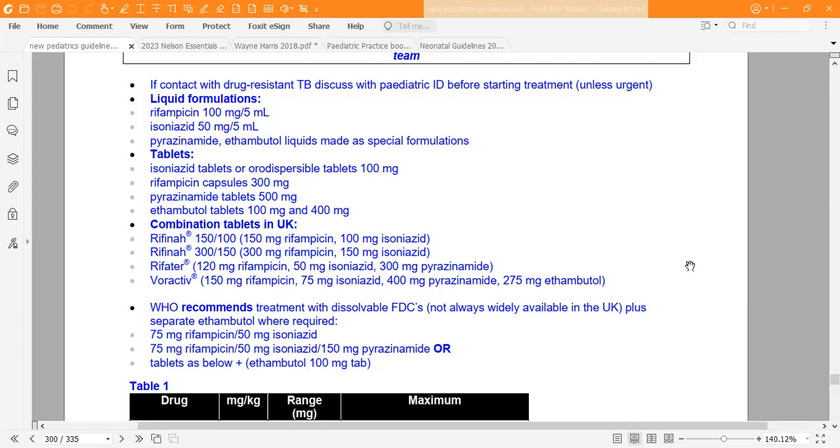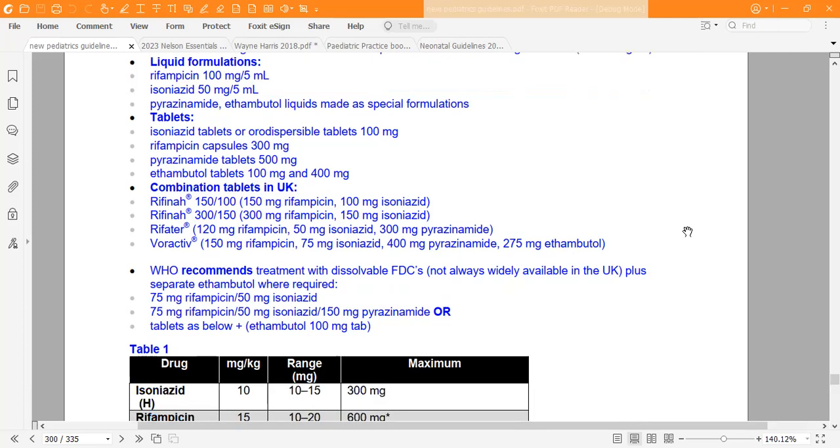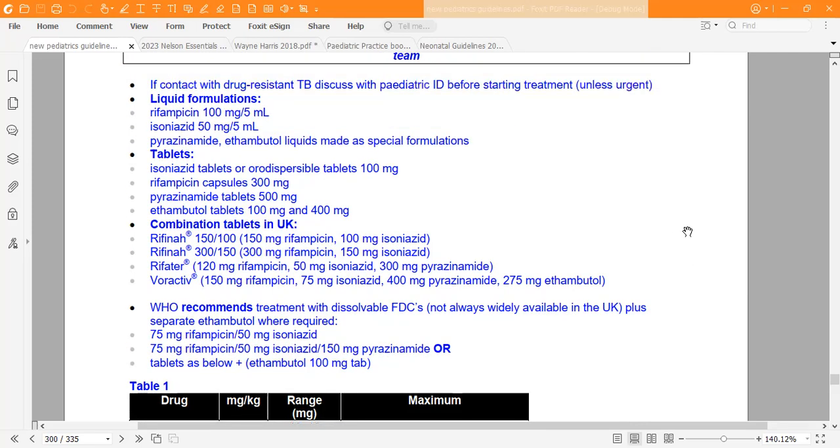Okay, we have four actives: rifampicin, isoniazid, pyrazinamide, and ethambutol, all four combined together in one tablet. And I guess that's pretty awesome, and this will help the patient not to take too much medication. It's only one tablet he can take.